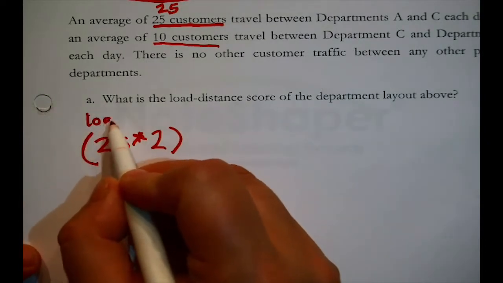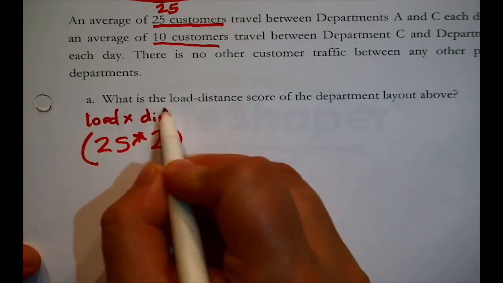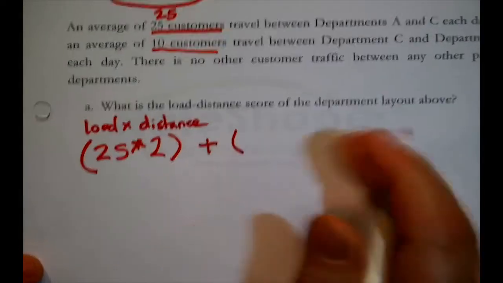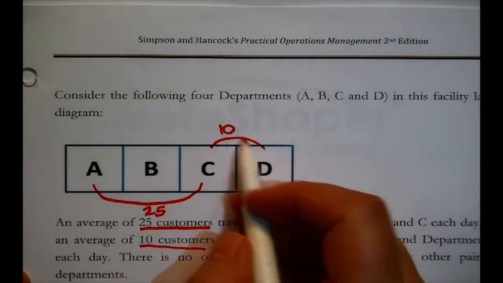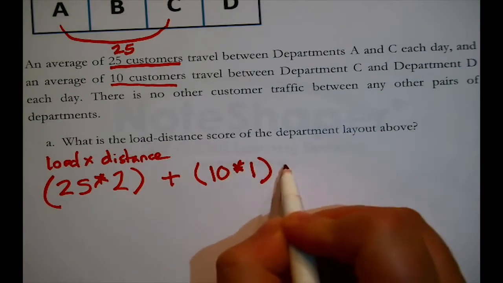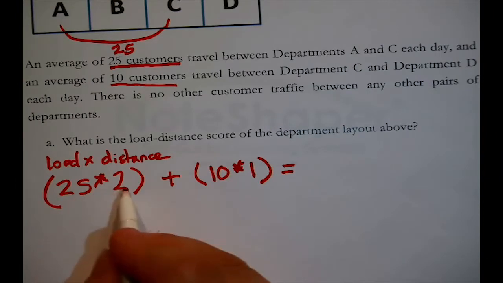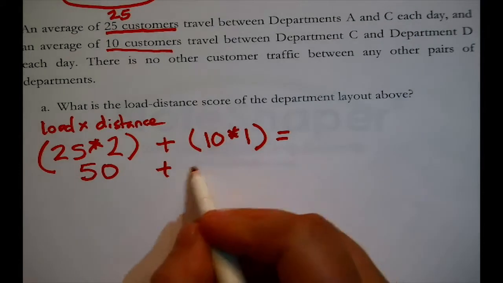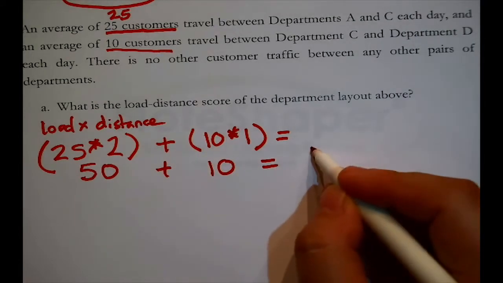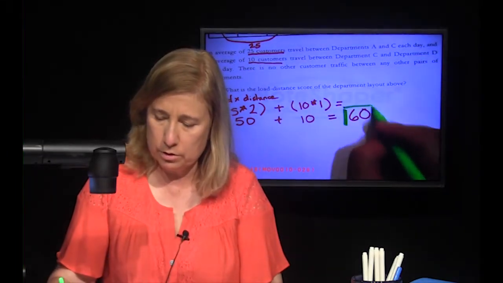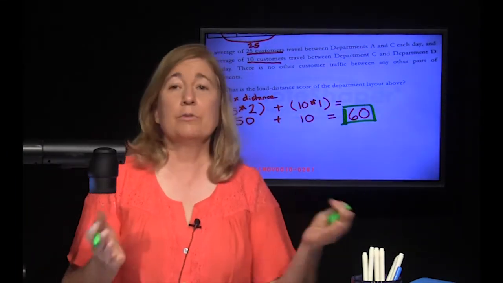Plus there's 10 going from here to here, which is only a distance of 1, so 10 times 1. So load distance would be 25 times 2, which is 50, plus 10 times 1, which is 10. The load distance score for the particular layout we have is 60. And that's how you calculate load distance.